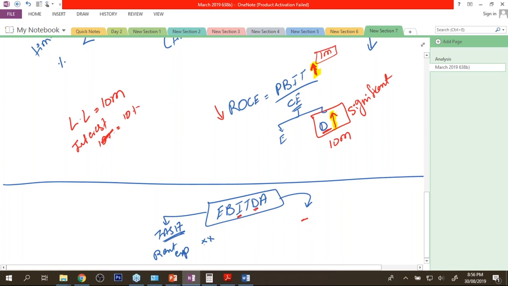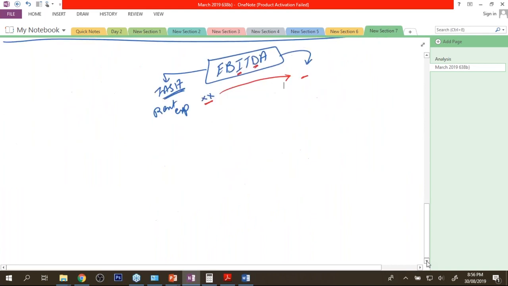So when a rent expense which was previously there is removed, this means that EBITDA is going to be increased. Let's suppose my profit was 100 million from where we used to deduct the rent of 10 million, let's assume.